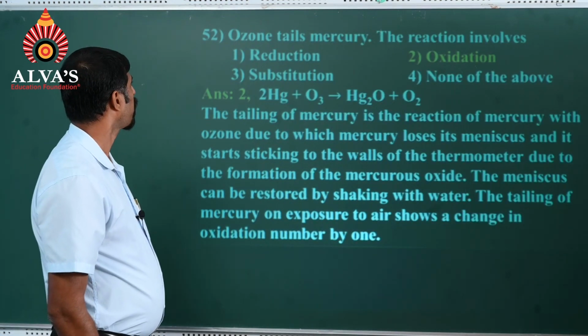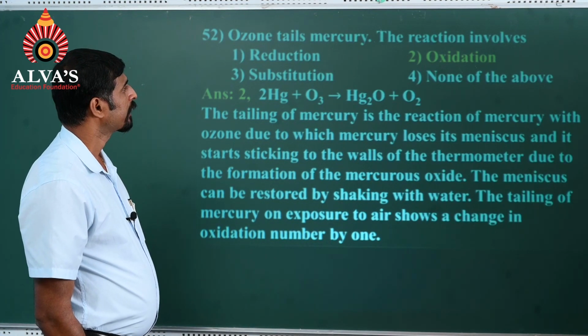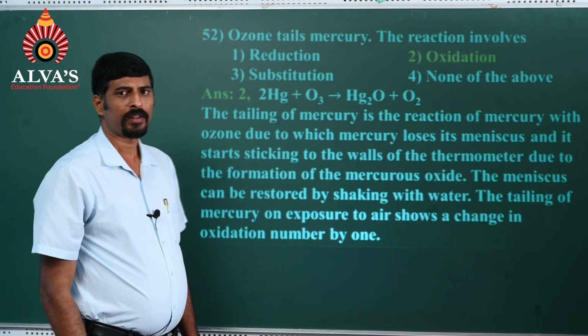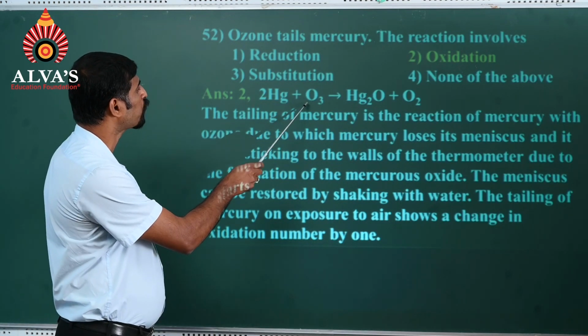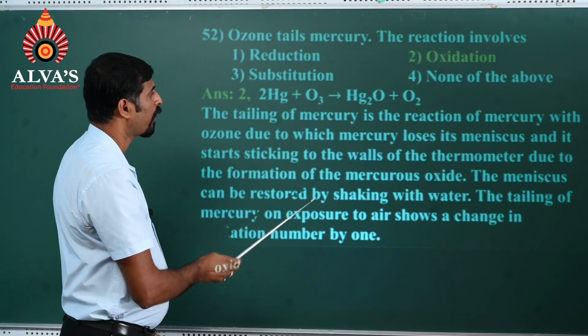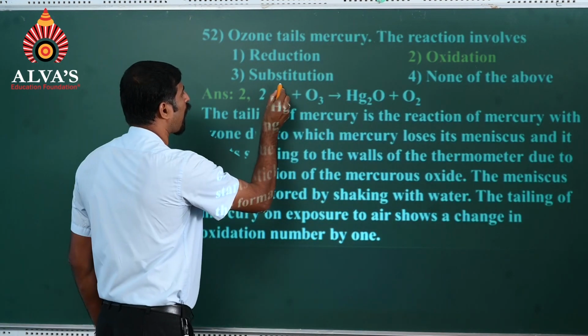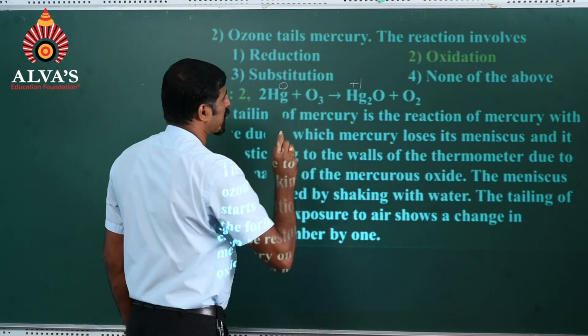Next, question number 52. Ozone tails mercury. The tailing of mercury is nothing but mercury reacting with ozone to form mercurous oxide, where the oxidation state of mercury is 0 here and here it is +1.